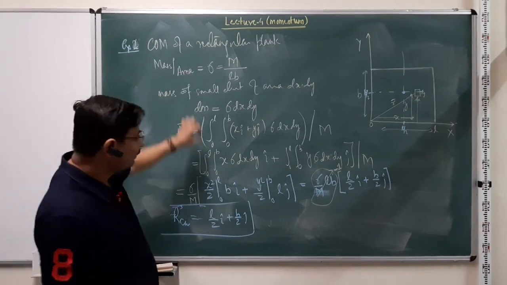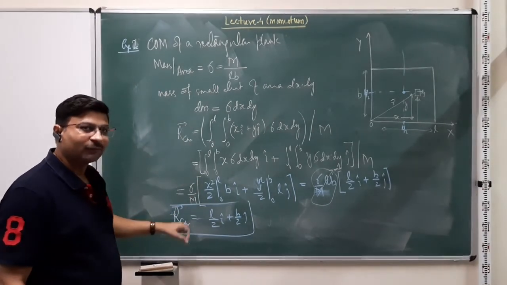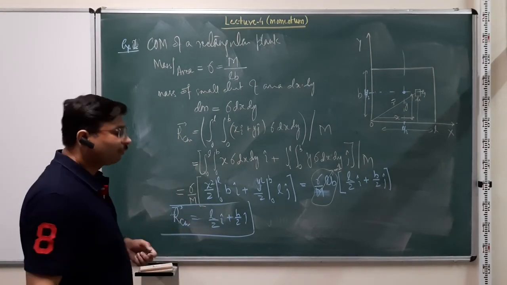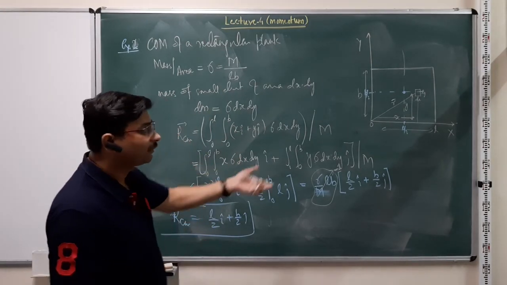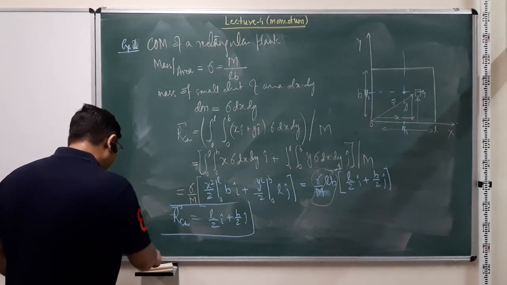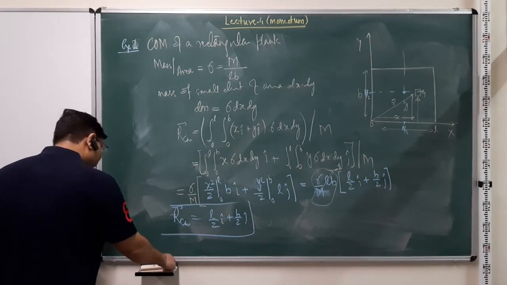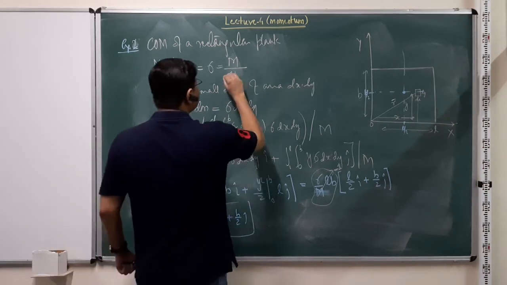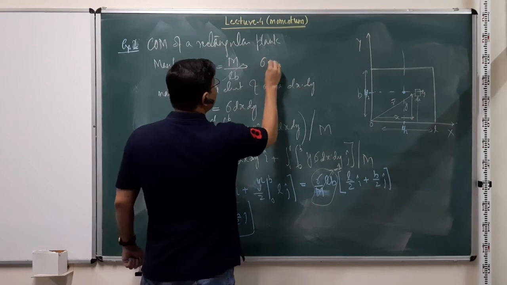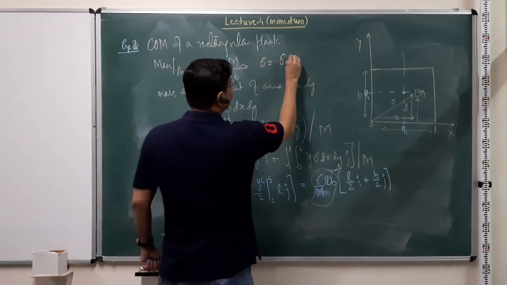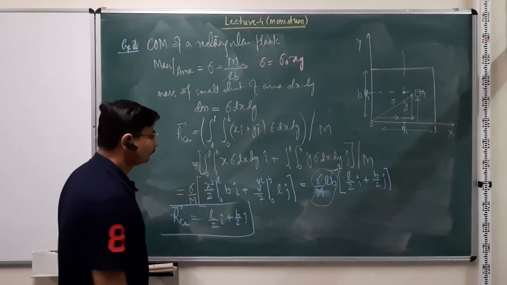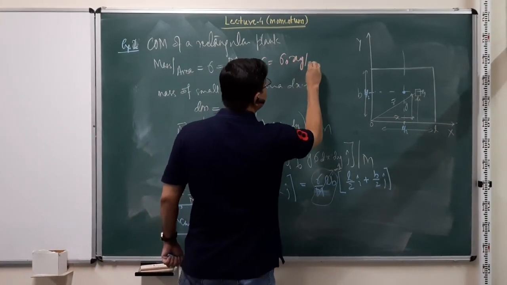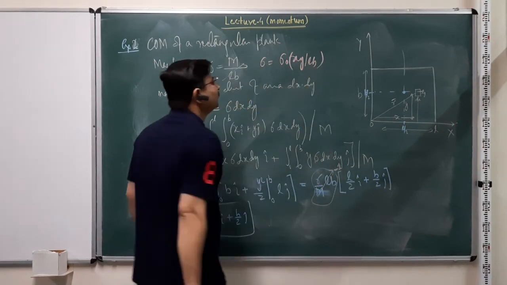Of course, once we know this formal procedure, we can apply it to any arbitrary shape or to objects where the density is not a constant. For example, in this problem, if it was given that the mass density is not this, but something like sigma equal to sigma 0 xy, well, not exactly, because it has to be dimensionally correct, so sigma 0 xy over LB.